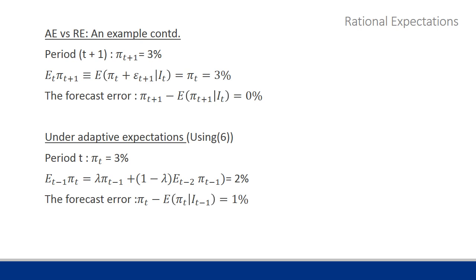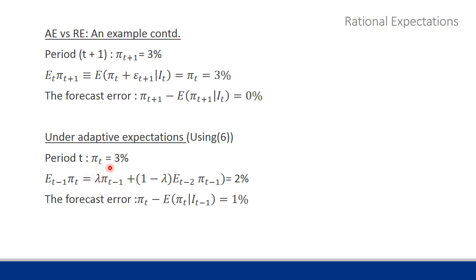Now let's use the adaptive expectations formulation we gave in equation 6. We know that in period t, pi t has jumped up to 3%, and that using our adaptive expectations formulation, E of pi t is equal to lambda times pi t minus 1, plus 1 minus lambda times E pi t minus 1.